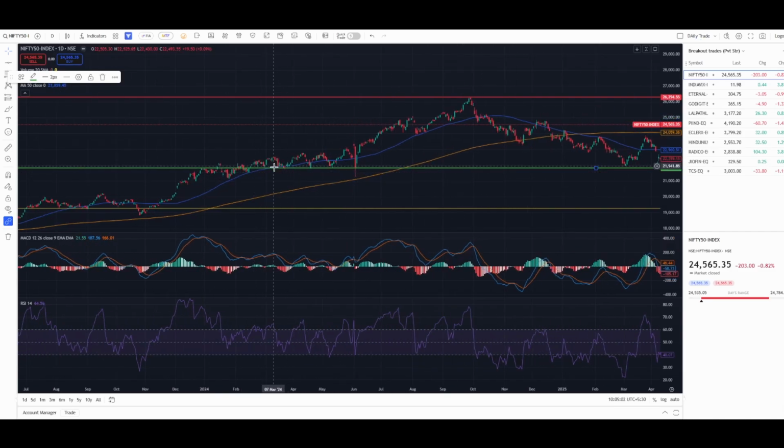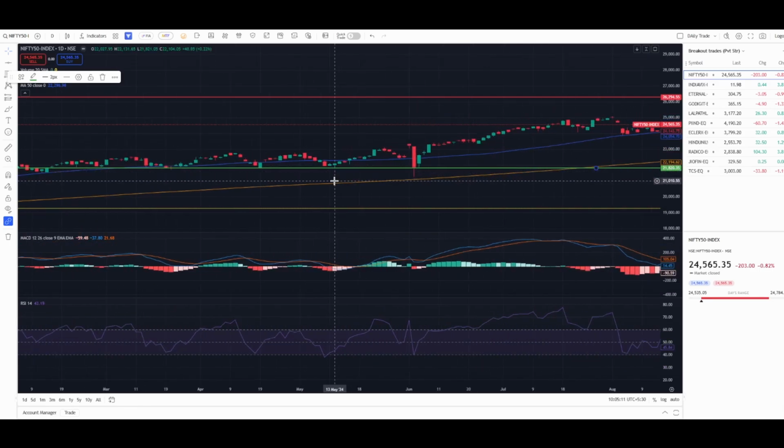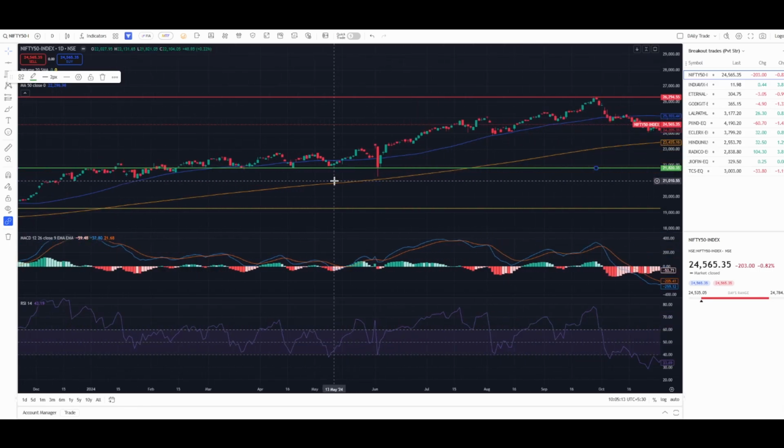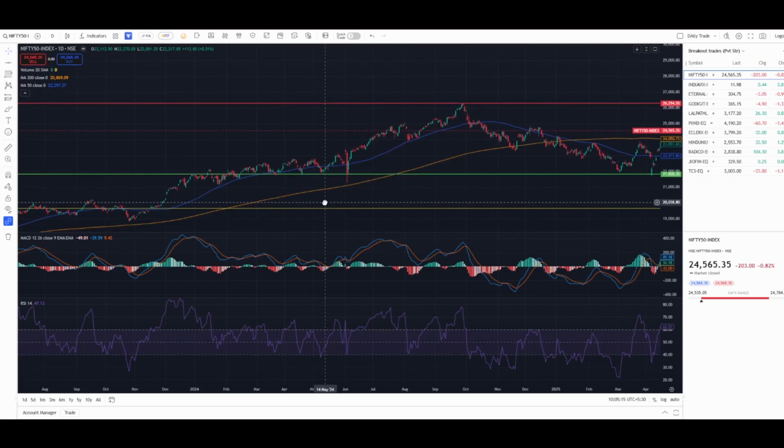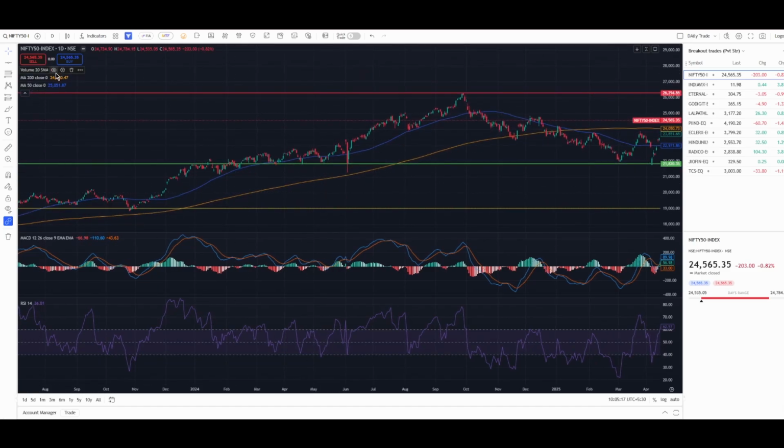For example, you can see here the price went down and then something happened and then it got pushed back. It couldn't breach this mark, right? So this is what I'm talking about.